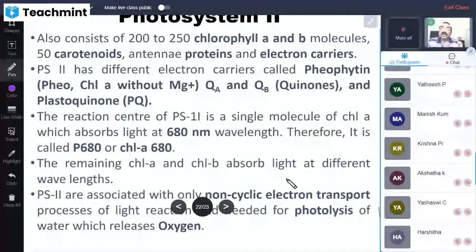See, during light reaction, there is also release of oxygen by splitting up of water, and this is called photolysis. And in this photolysis, PS2 molecules are involved. So this is the difference between photosystem 1 and photosystem 2. So I think now the structure of photosystem 1 and photosystem 2 is clear, and the importance of photosystem 1 and 2 is also clear. Okay.